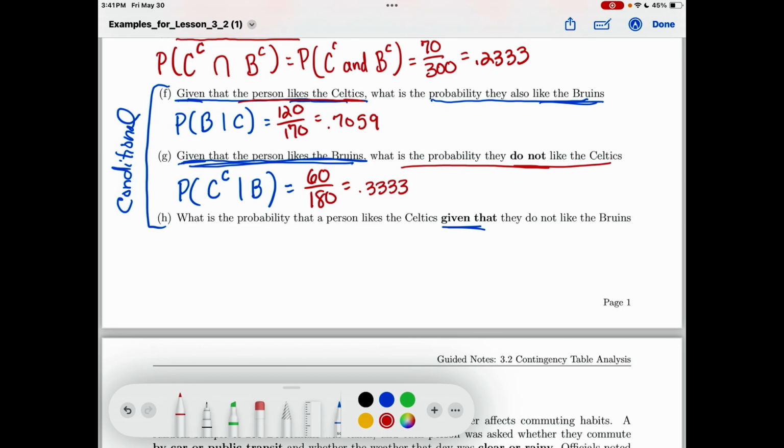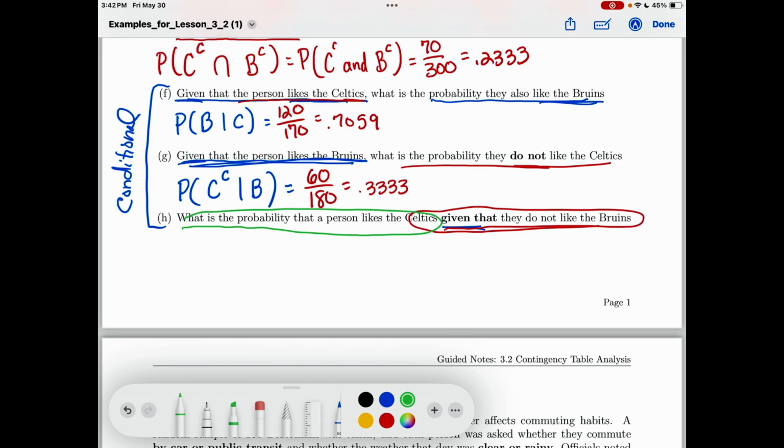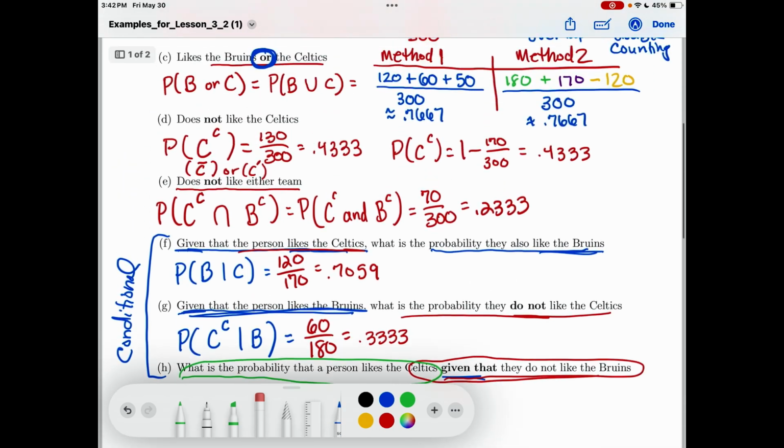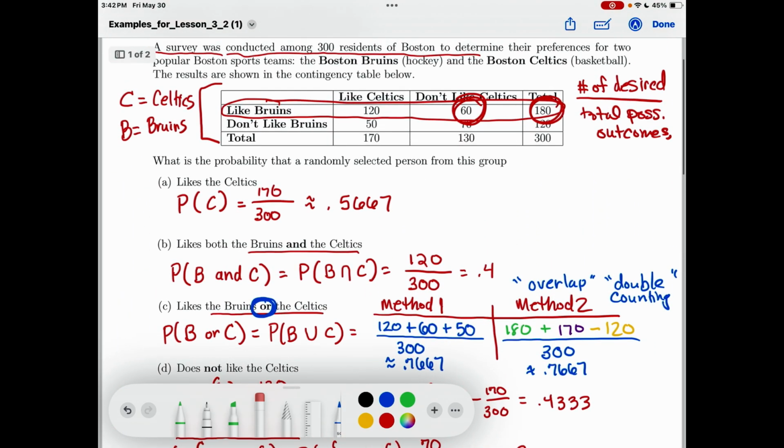Now, for the last example, we are looking at another assumption. We are saying that our assumption is that the person does not like the Bruins, and we're trying to find the probability that the person likes the Celtics. So we are going to be looking at the groups that do not like the Bruins.